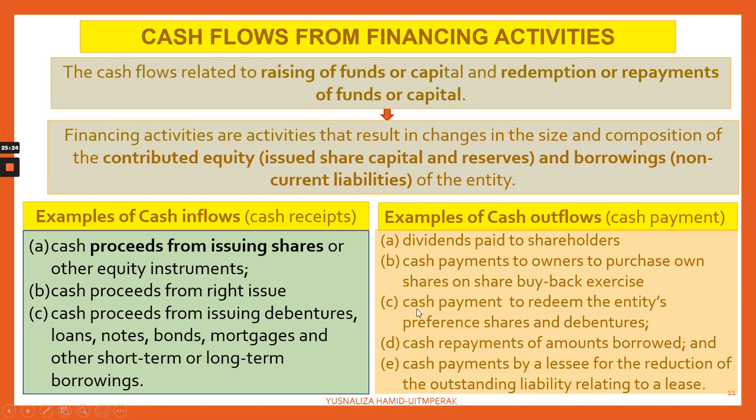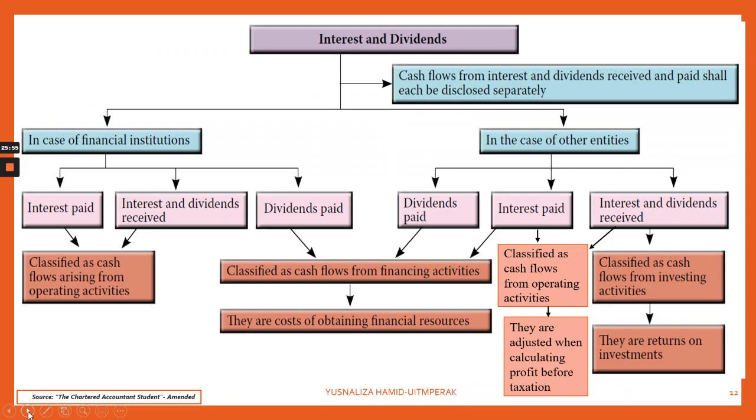That cash payment to acquire the ordinary shares is part of financing activities. Cash payment to redeem the entity's preference shares and debentures. Cash repayments of amounts borrowed, maybe from the bank or financial institution, for the loans that you took, for the mortgages that you need to repay, right? And also payments by a lessee for reduction of the outstanding liability relating to a lease. That is under financing activities.